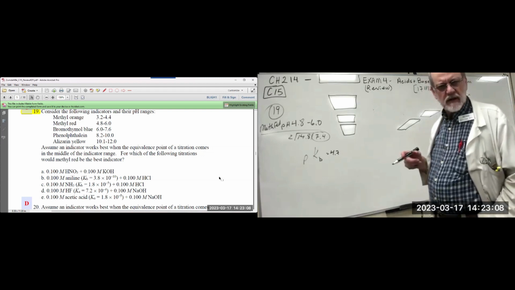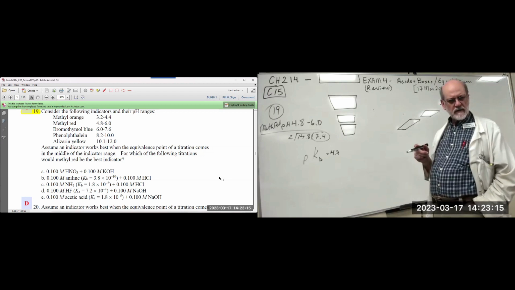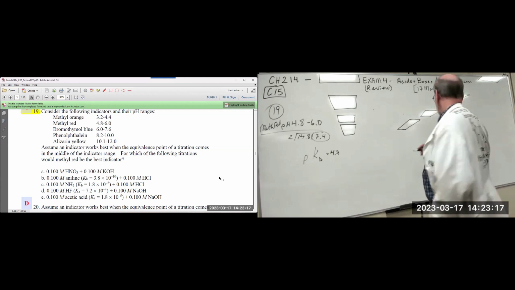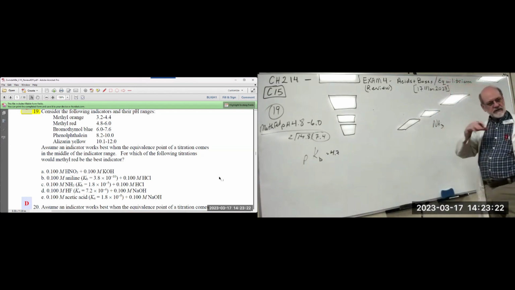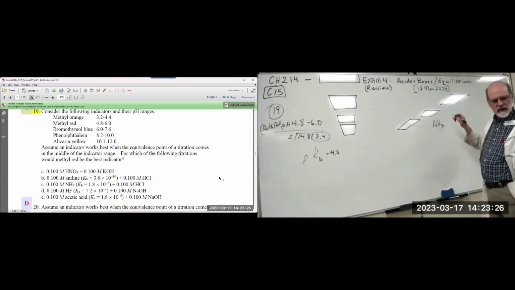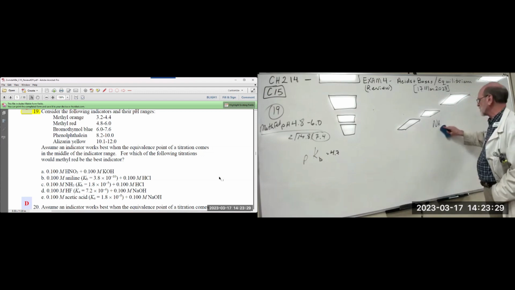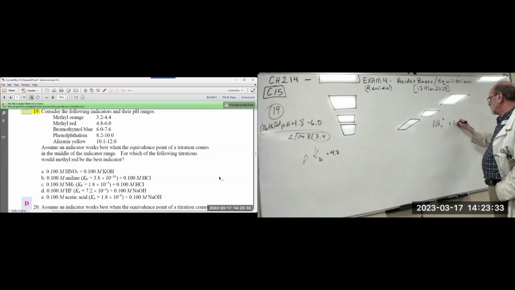All right, so NH3 and 0.1 molar HCl. We're going to end up with NH4 plus after it's titrated with hydrochloric acid, and that's going to give us NH3 plus hydronium.